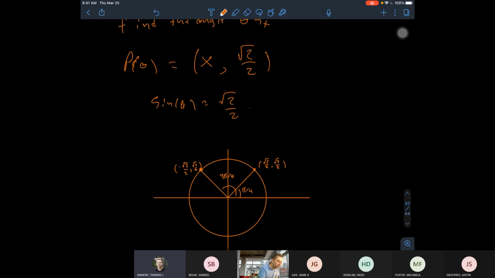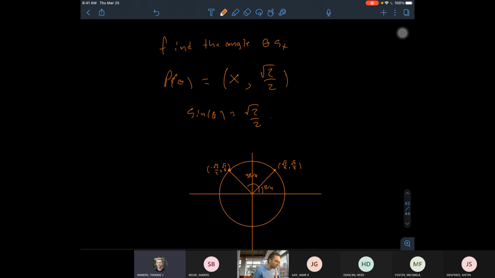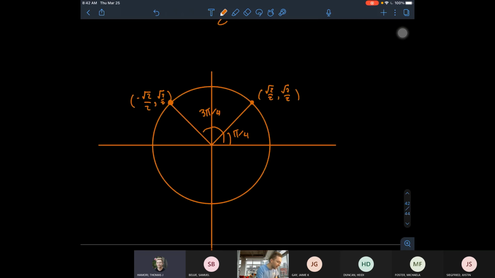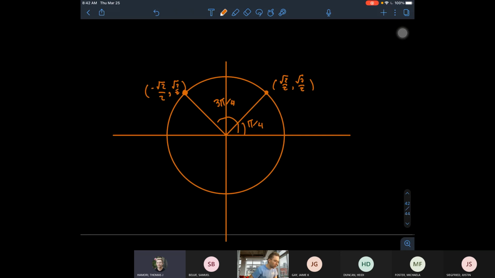So the problem is when I ask you to find the angle theta such that sine of theta is equal to square root 2 over 2, you come back at me and say, well, your question doesn't make any sense, because there are 2 points on the unit circle which have that y value, and they have different angles.